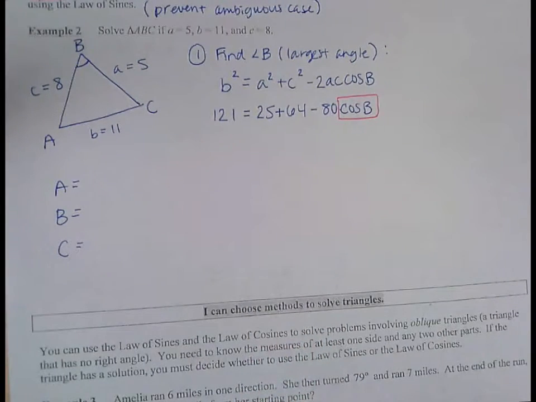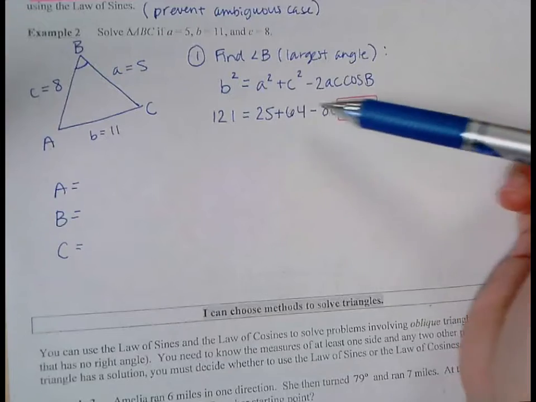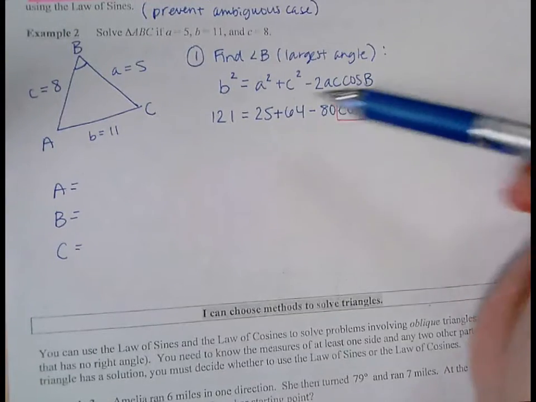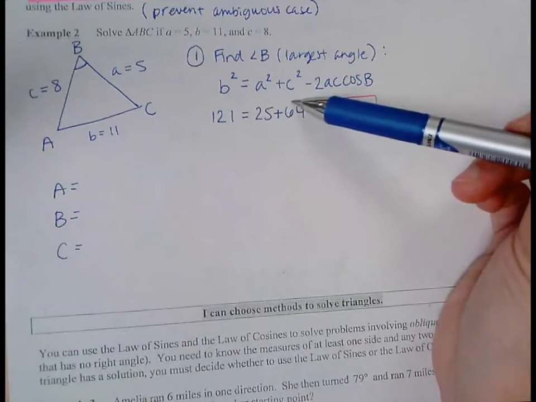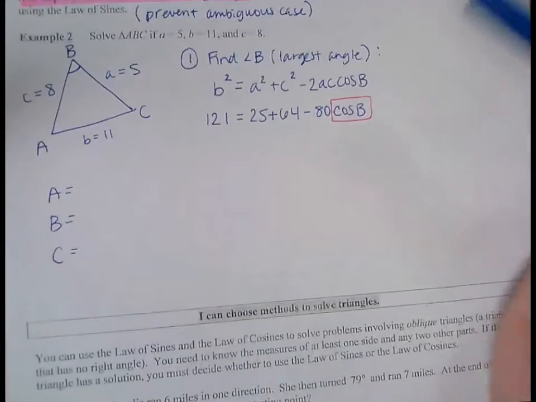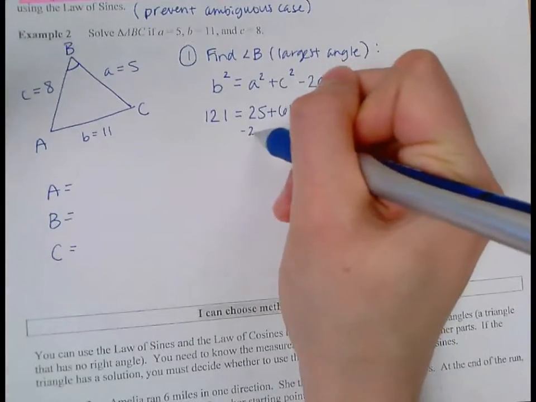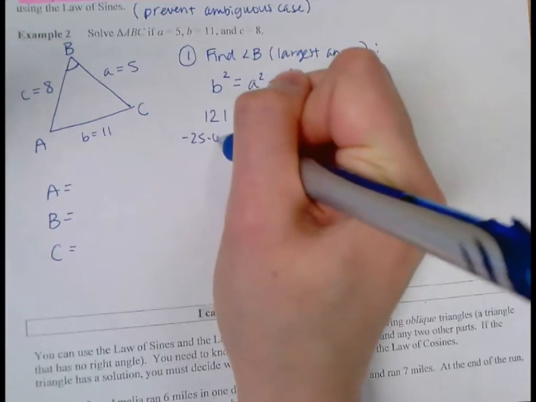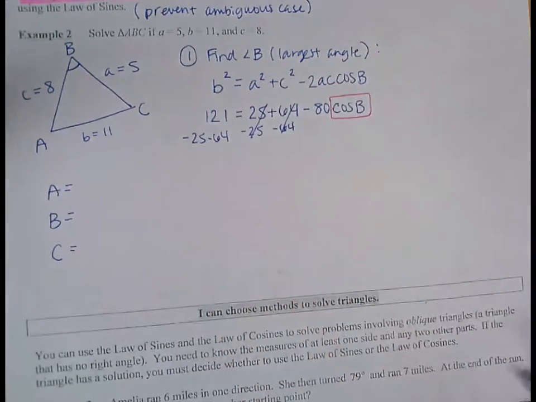So what's important for you to realize here is in order to get cosine of B, which is like x, I have to get this alone. I have to get rid of what's being added and subtracted to that term. So I'm going to subtract the 25 and the 64 from both sides to cancel those out.